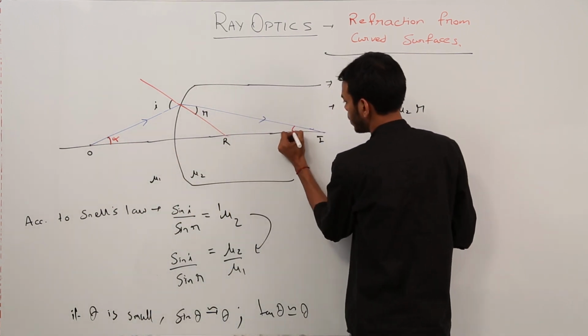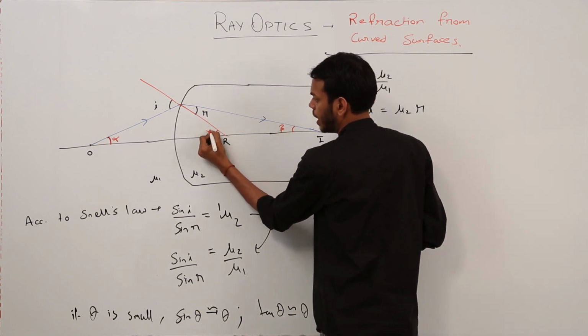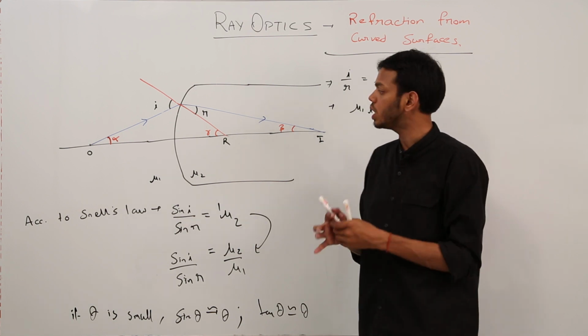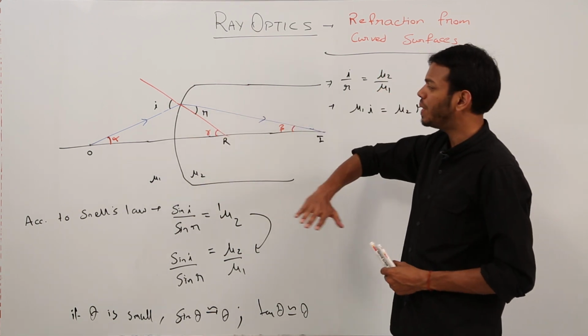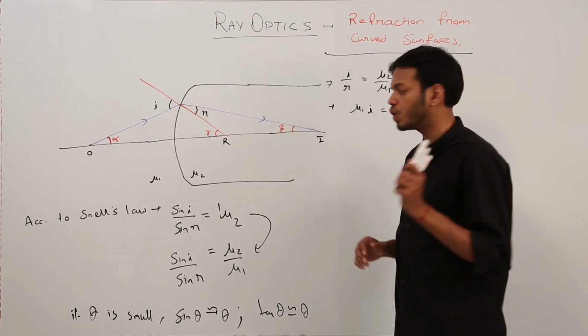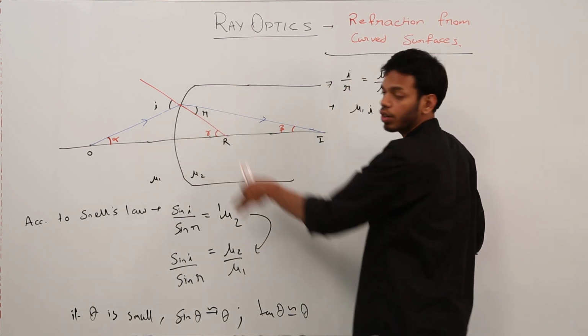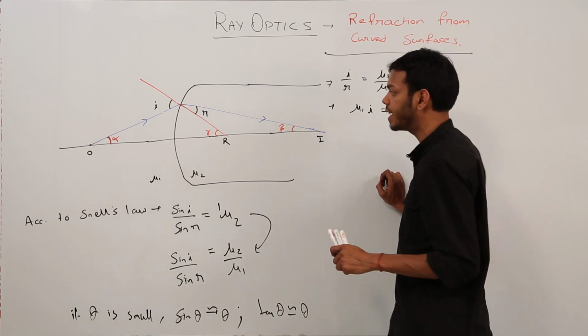All these angles are facing towards the curvature. Let it be any case, any diagram, any situation, alpha, beta and gamma have to be facing towards the curvature, towards the face where refraction is taking place.